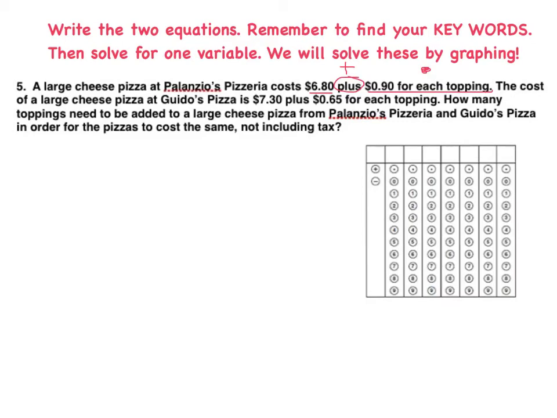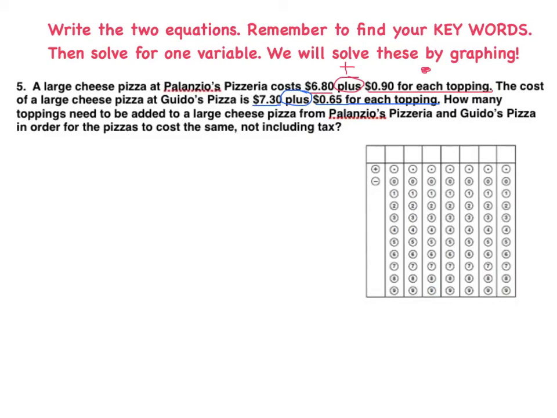The cost of a large pizza at Guido's Pizza is $7.30 plus 65 cents for each topping. How many toppings need to be added to a large pizza from Palazzo's Pizzeria and Guido's Pizza in order for the pizzas to cost the same?